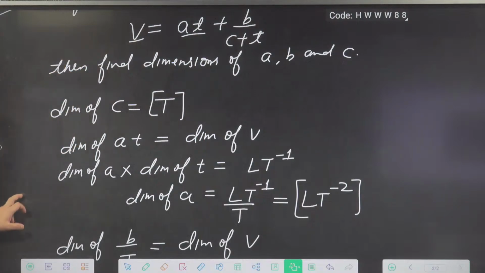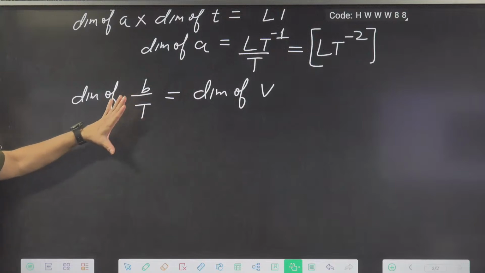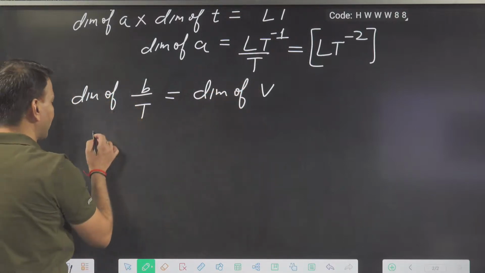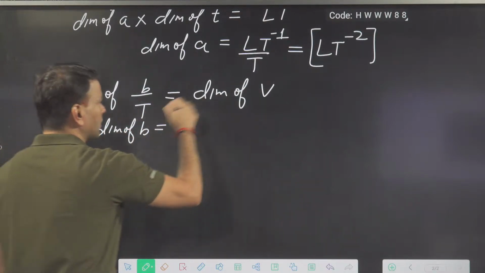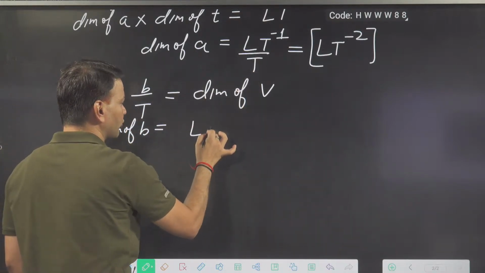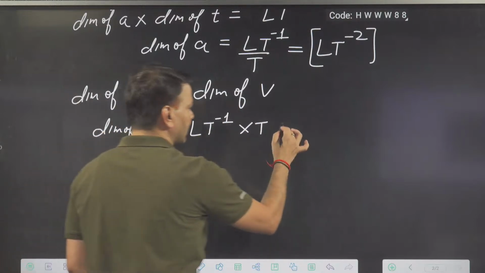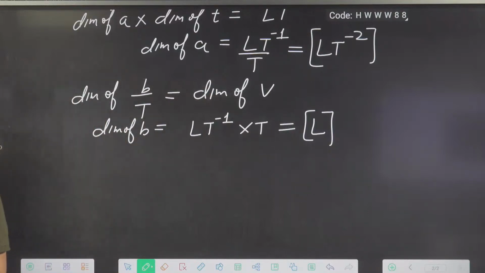So B upon C plus T, I am writing dimension of B upon the denominator dimension T, that will be equal to the dimension of V. Now dimension of B is equal to, cross multiplying, dimension of V, LT minus 1 into T. T and T cancel out, so we got L. So dimension of B is L. Everybody understood or not?